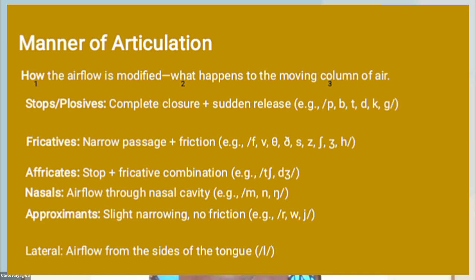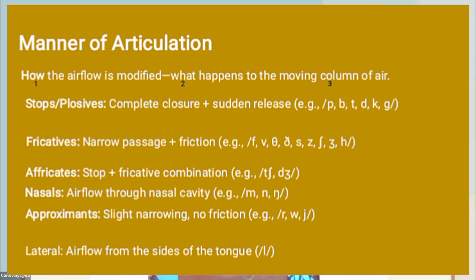So when you articulate an affricate, first you see that stage of total closure where the articulators come together, and then rather than having a sudden release, which is characteristic of plosives, you have this air gradually released. And this is even reflected in the symbols that are used to represent affricates. I'm talking about the two sounds ch and j.